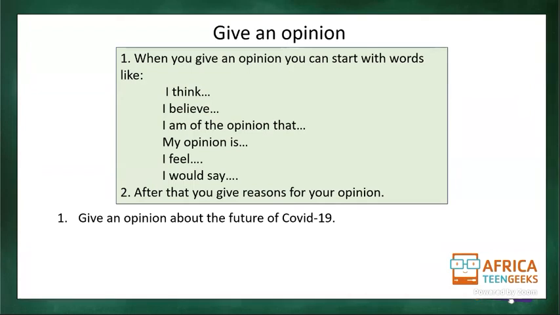Molly. Hello, Molly. I think I believe that children will go to school at level 2 because COVID-19 is unsafe, because children are weak, and we must still graduate and do our matric. Good. Okay, that's very good.